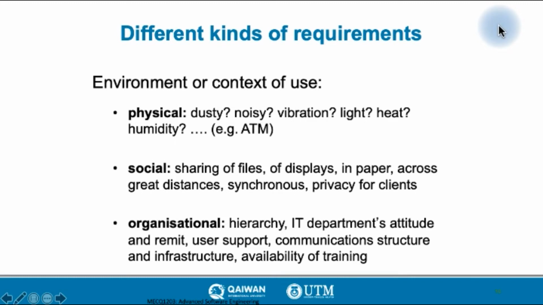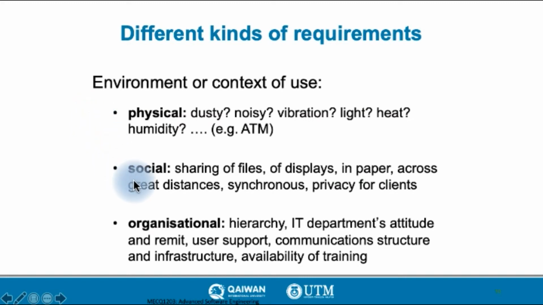Different kinds of requirements, also the environment: physical, social, and organizational. So when I go out to get requirements, I need to take care of these three aspects, physical, social, and organizational, so I can deliver to the users in a good way.